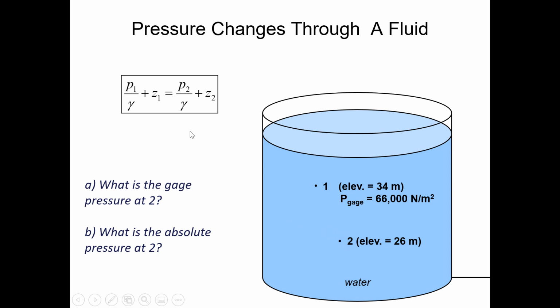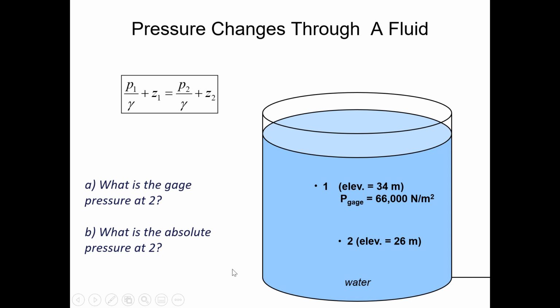What I'd like you to do is use the hydrostatic equation here and find the gauge pressure at location 2. So we know P1, we know gamma because it's water, we know Z1, we know Z2, and the only unknown will be P2. So find P2 in both gauge and absolute terms.